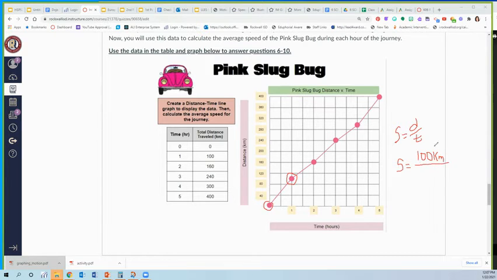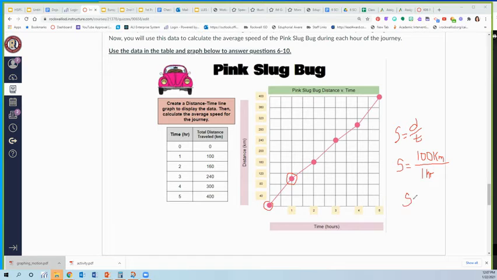And we're going to divide that by the total time that went by. So the time started at 0 and ended at 1 hour. So the total time between those points is a total of 1 hour. So the problem that I'm doing is a very simple problem. 100 kilometers, the total distance traveled in the first hour, divided by the total time, which was 1 hour.